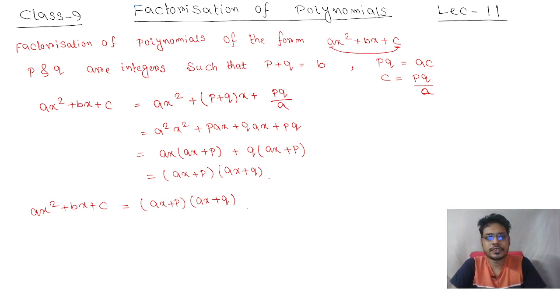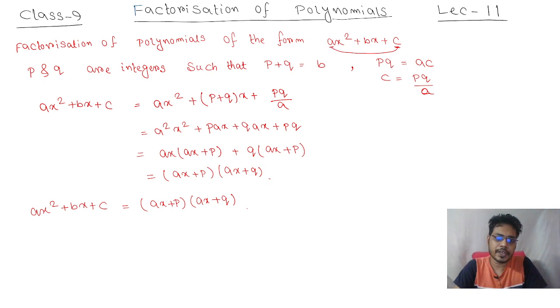So first, assume that p and q are integers, where the sum of p and q gives you b, and the product of p and q gives you the product of the coefficient a and the constant, that is ac.